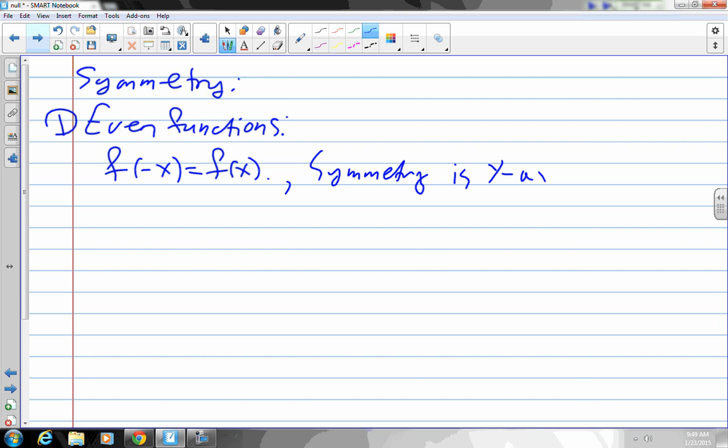Again, in algebra, we use symmetry to sketch quicker. If you know in advance that your graph is symmetric, you only really need to sketch half of it, and then the rest is taken by symmetry. In calculus, you're actually going to benefit even more from it when you realize the function is symmetric around the y-axis or whatever. So that's the definition of an even function.